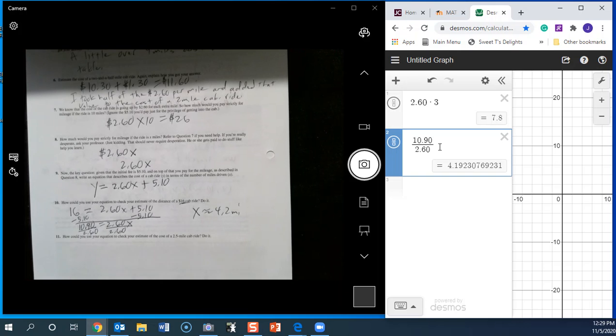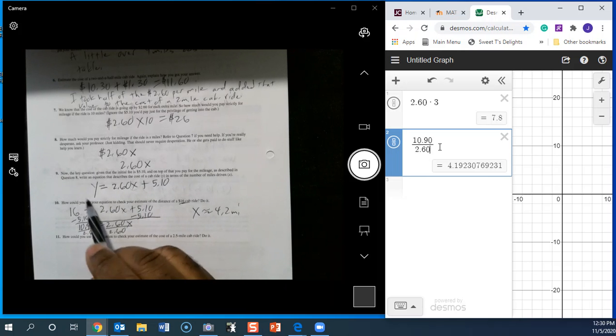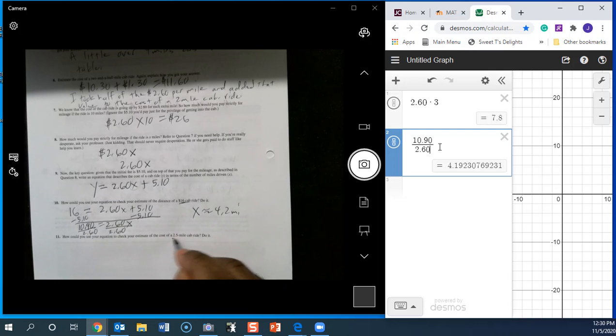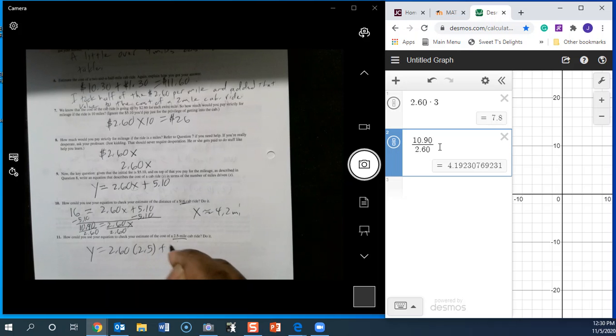Okay, now we go here to number 11. How could you use your equation to check your estimate of the cost of a 2.5 mile cab ride? Now remember, looking back here at our formula, x is the miles, y is the total cost. So since x is the miles and we have a 2.5 mile cab ride, we'll substitute in 2.5 for x. So we have y equals 2.60 times 2.5 plus 5.10.